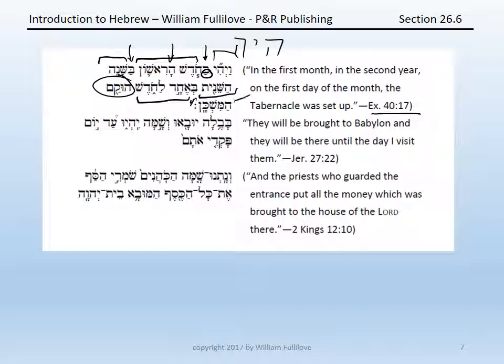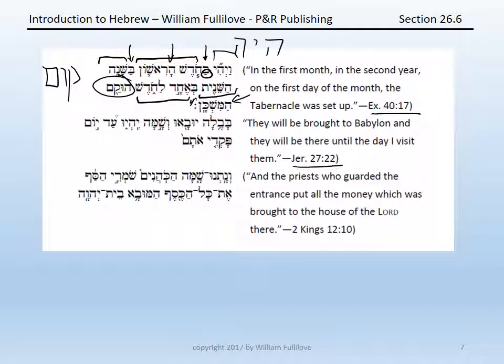Hamishkan is the tabernacle. Hukam is a hofal perfect, third masculine singular of qum. As a hofal, it is going to be causative and also passive. So the tabernacle was set up.